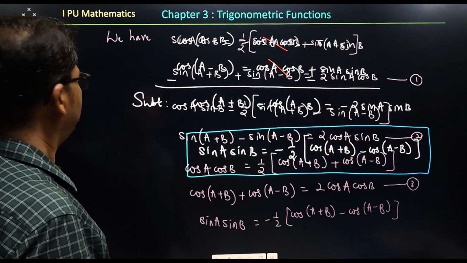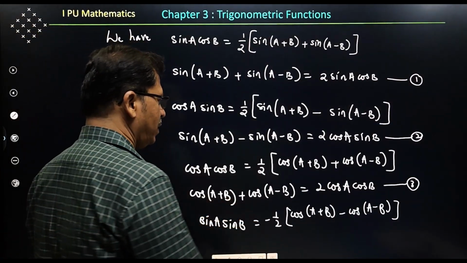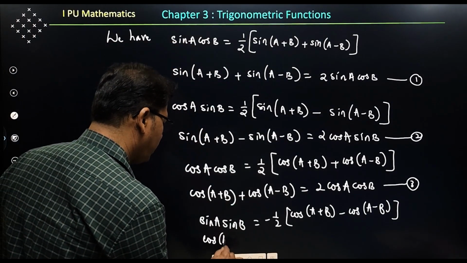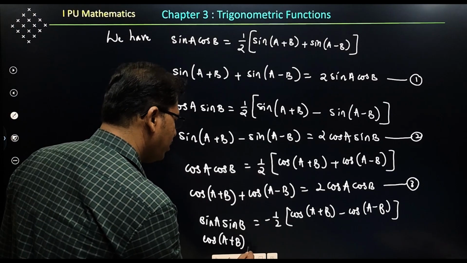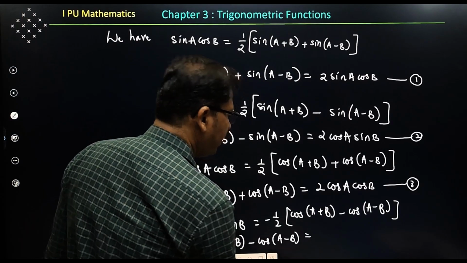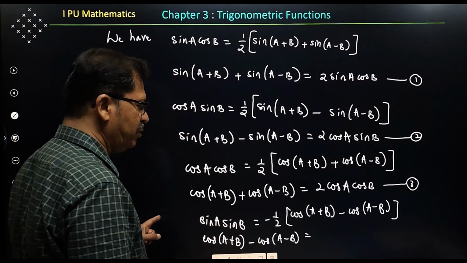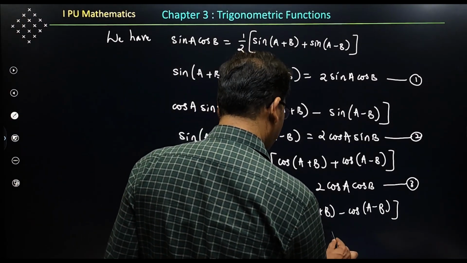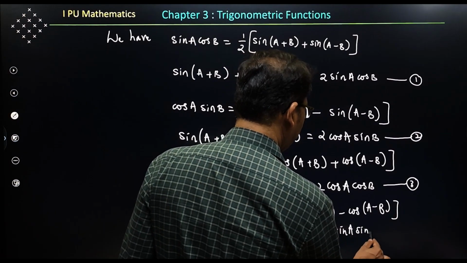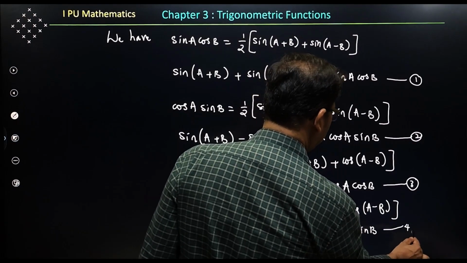Then shift the terms, cos of A plus B minus cos of A minus B. This is leading to shifting the negative sign to this side, minus 2 into sin A into sin B you are getting, and this is the fourth result.